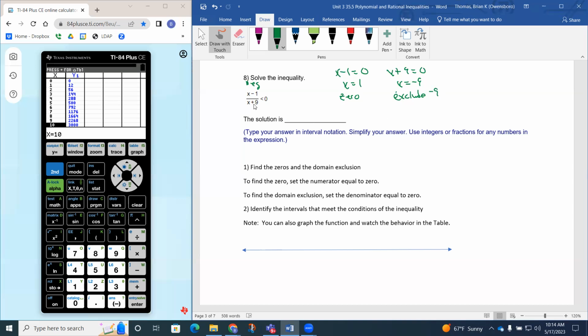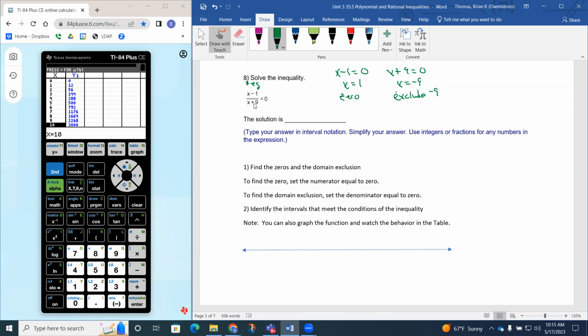Now, what's interesting here is this is where signs will change. Notice that if you pick x to be -9, that makes the denominator 0. But if you go right of -9, so pick a positive value, notice that the bottom's going to be positive. But if you go left of -9, like a -10 or a -11, that's going to make the bottom negative.